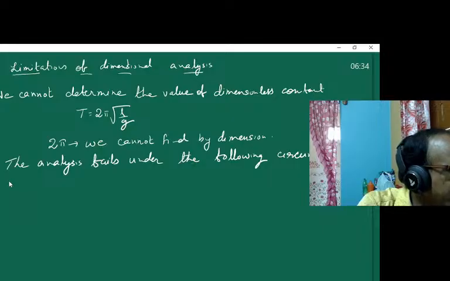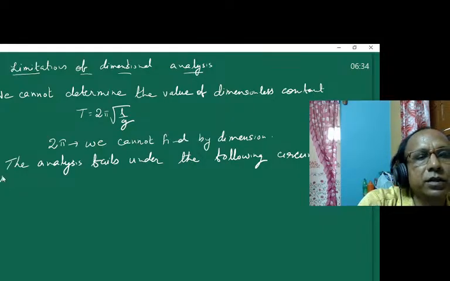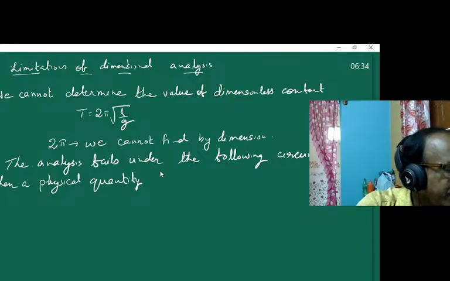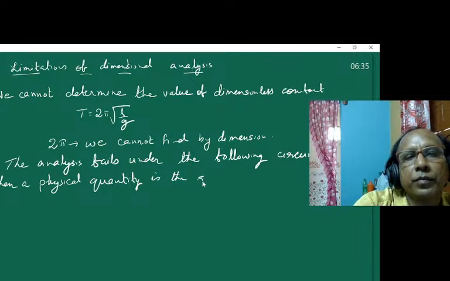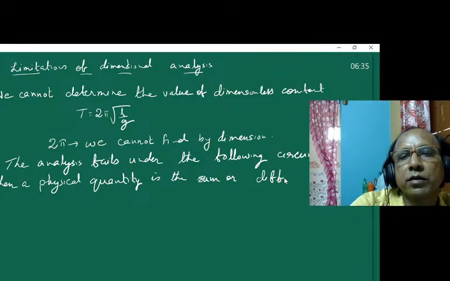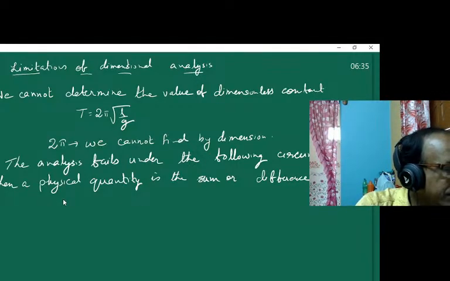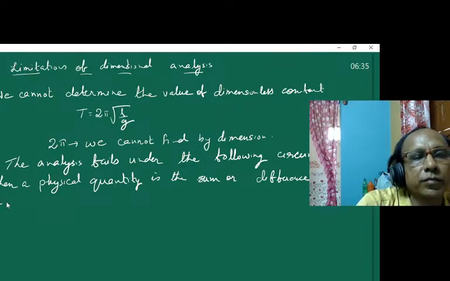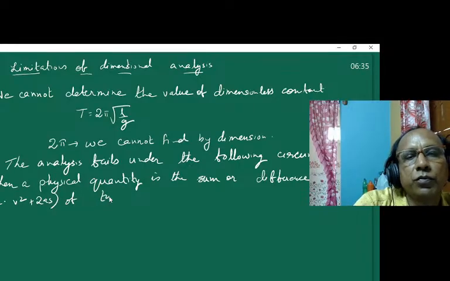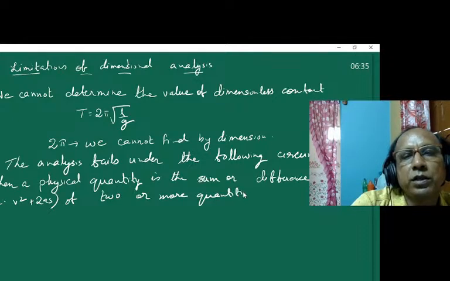is that when a physical quantity is the sum or difference of two or more quantities, that is v square plus 2as, this analysis fails.